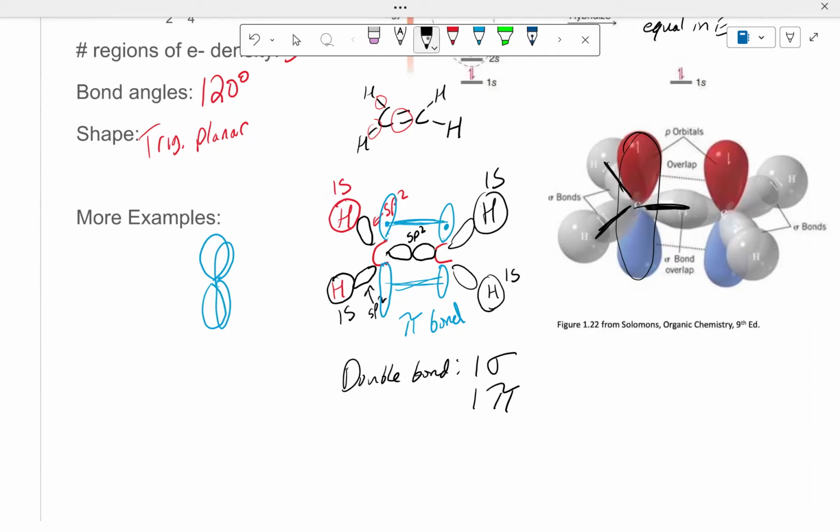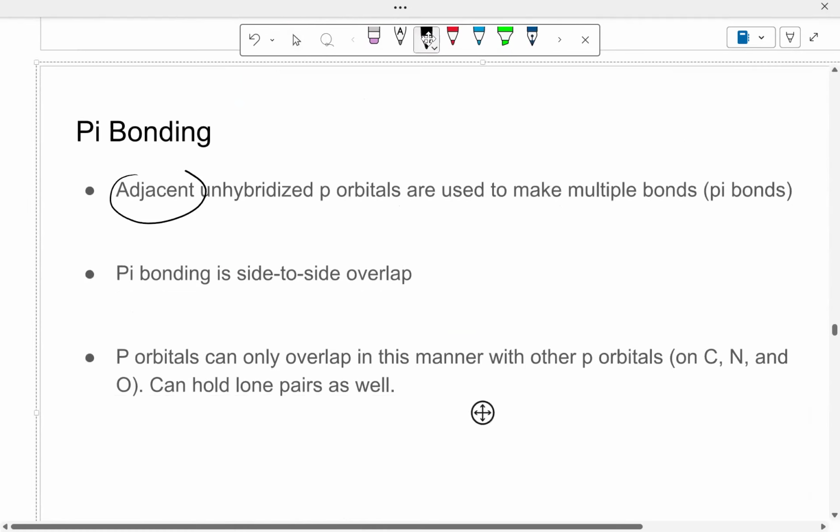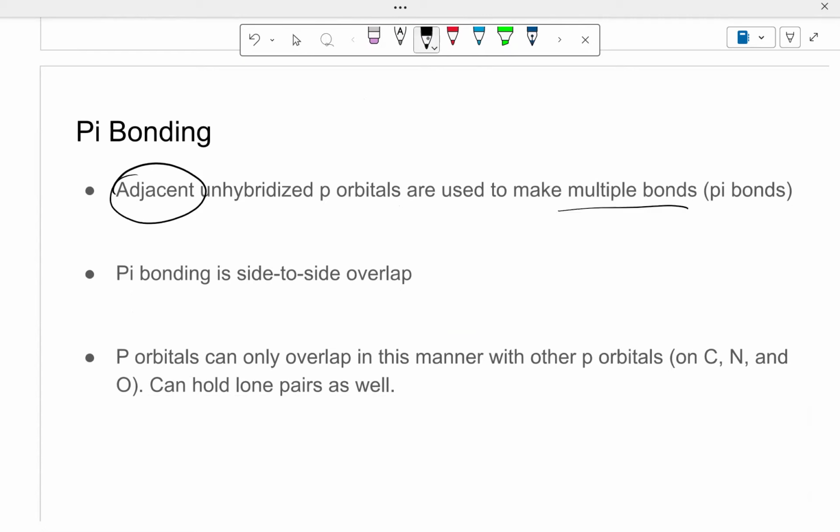So let's sum all of this up. Adjacent unhybridized p orbitals are used to make multiple bonds. We saw that on the previous page with double bonds. We're going to see it again when we talk about triple bonds. And pi bonding is side-to-side overlap.